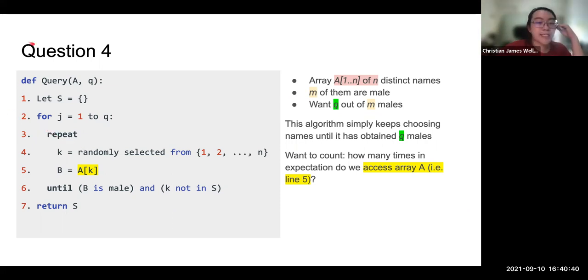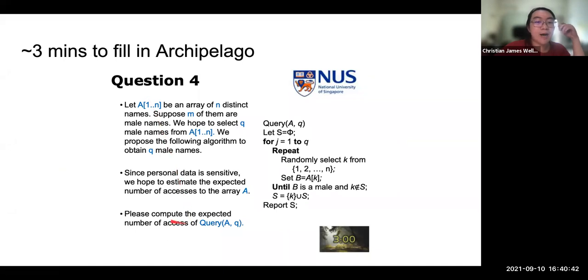That's the question: how many times do you need to access this array? How many times do I need to try? This will require a bit more math, so I'll give you a bit more time to try. Maybe let's try until 4:43. It's a bit fast, but let's try. 4:43 p.m. Let's resume.